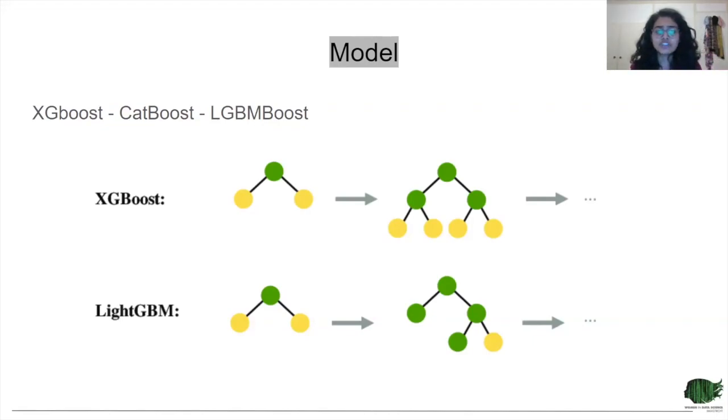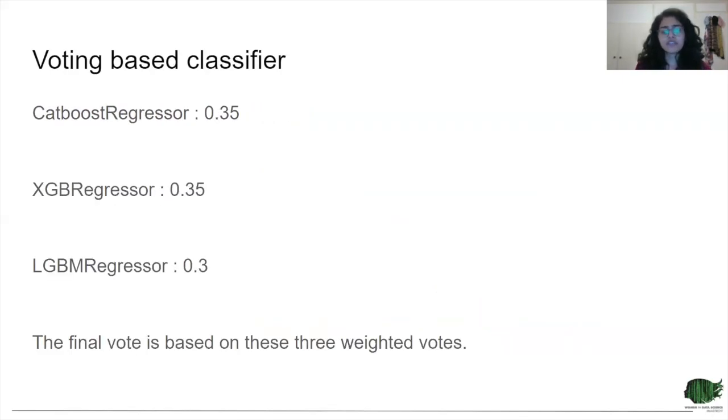So both essentially do the same thing, but the point of including the three models is that boosting can often create a bias because it can overtrain. But when we introduce three boosting methods, and for each of these methods we give a weightage, so we trust the CatBoost, XGBoost and LightGBM regressors a certain amount, and their results are weighted and brought together, we have one single result.